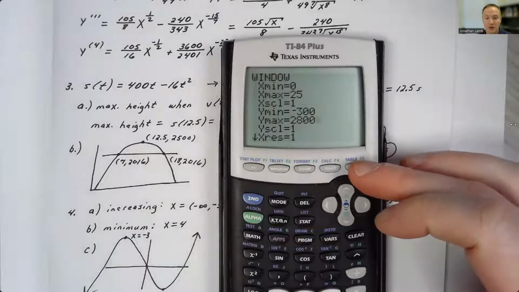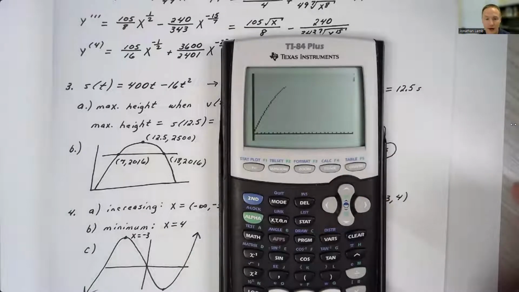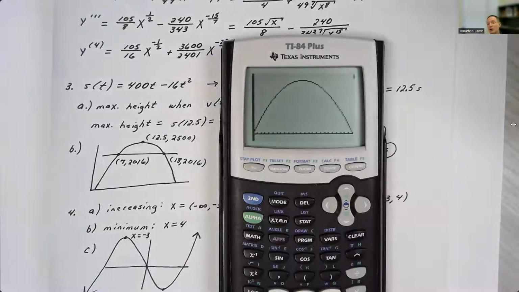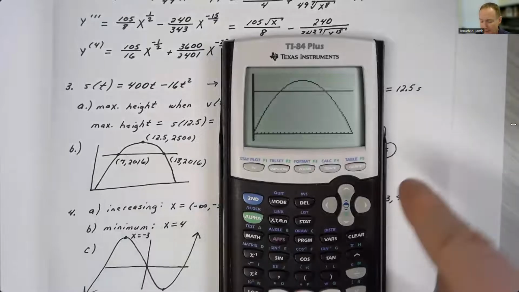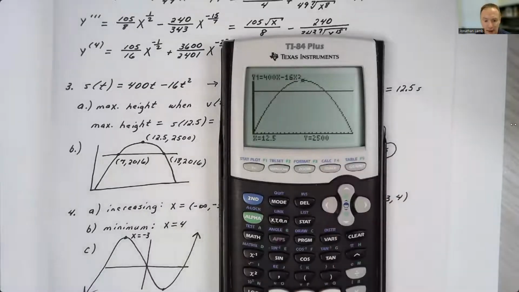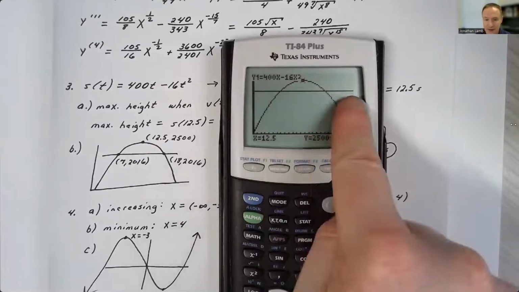Now notice this should make a beautiful graph. Okay. So here's my graph now. And I'm looking at this and saying, well, all right, if I hit trace here, yep, I'm getting that the maximum value is at 12.5 seconds and it's at 2,500 feet. But now the question is, when is it at this height of 2,016 feet?